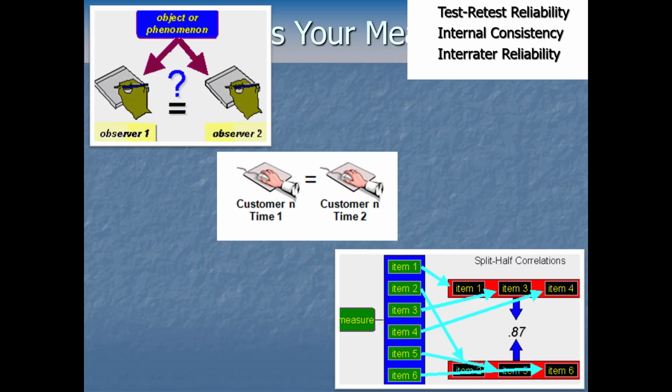I might even do that repeatedly, splitting the questions into different combinations each time and comparing half to the other half. If it tends to always come out similar, regardless of how I mix up the questions, then we'd be satisfied with this type of reliability, which is internal consistency.